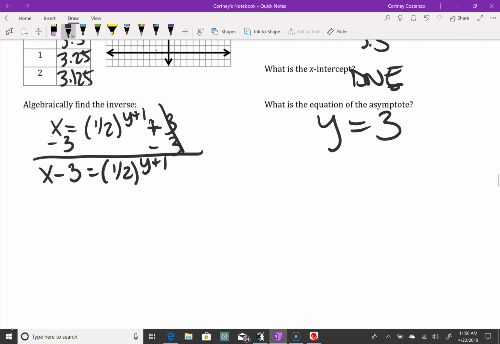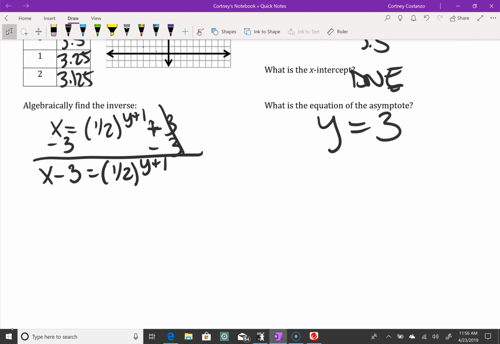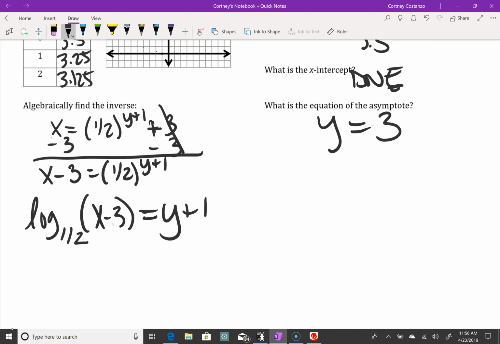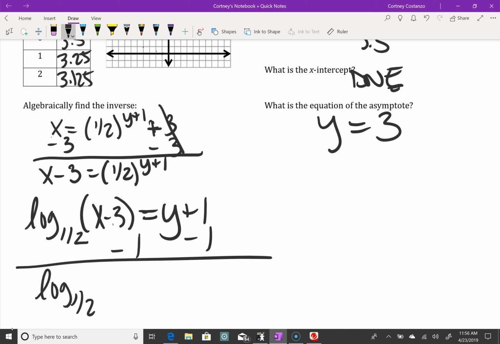Now I can lasso this, so BAP this. So log base answer power, and then the last step is just move that 1 over to the other side and you'll have your inverse. Log base 1/2 of x minus 3 minus 1 is equal to the inverse.